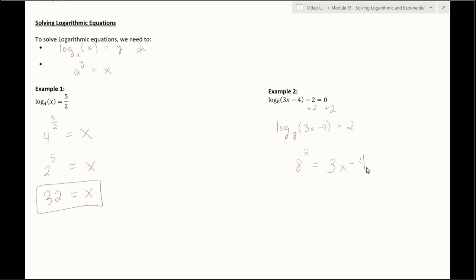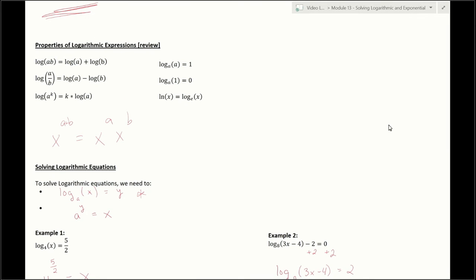And we can see here now it's just a normal equation that we can deal with. All right, so through these two examples, once we can get the log on one side and the numbers on the other, we can convert and then treat it like a normal equation.